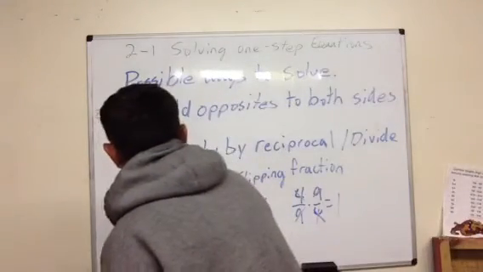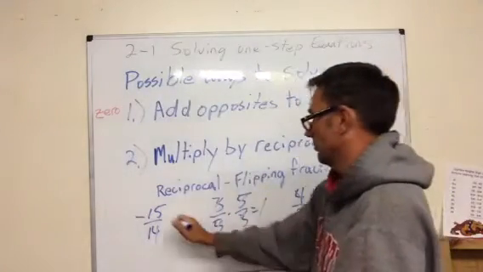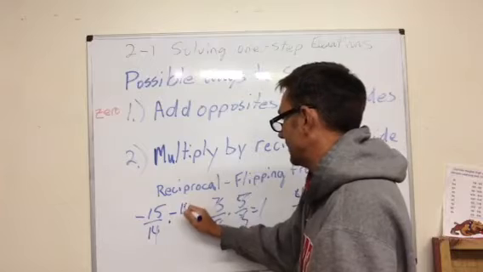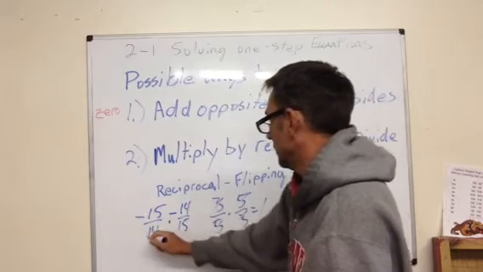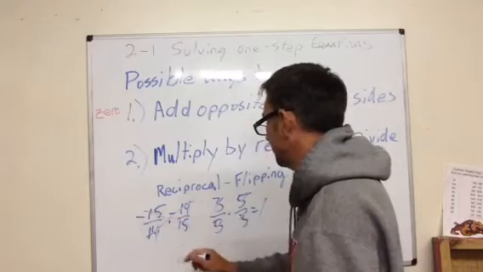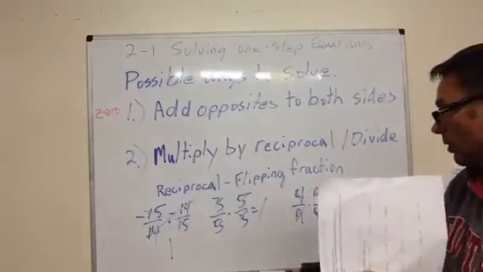The reciprocal of negative 15/14. The sign stays the same in negative, and we flip the 14 and the 15. 14's cancel, 15's cancel, and we get the answer of 1.